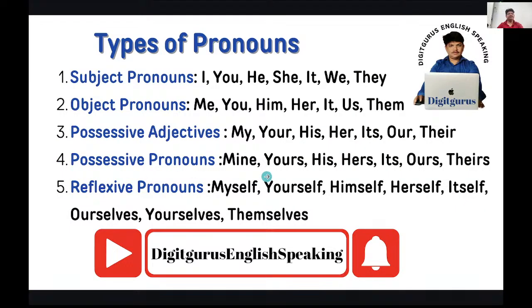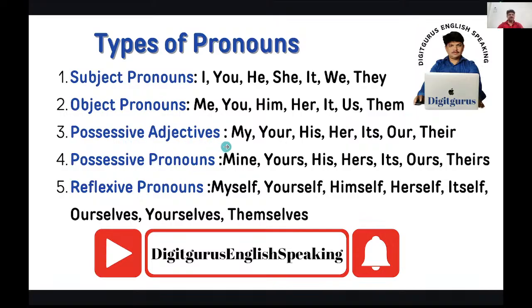So these are the types of pronouns. In subjective pronouns, you can see I, you, he, she, it, we, they. Objective pronouns: me, you, him, her, it, us, them.